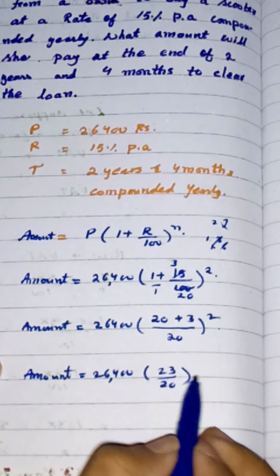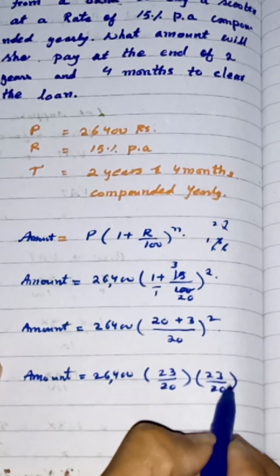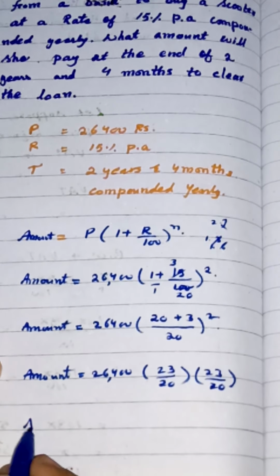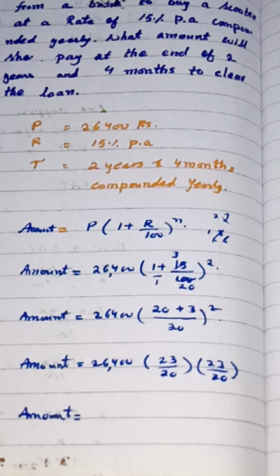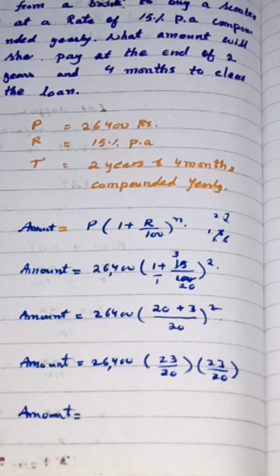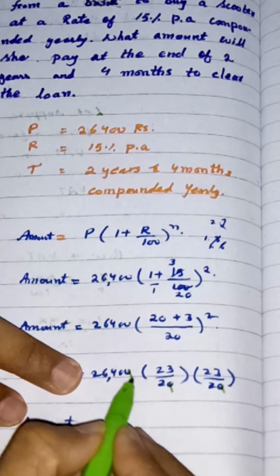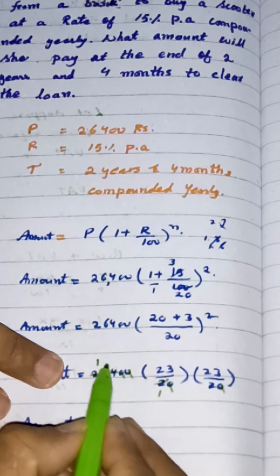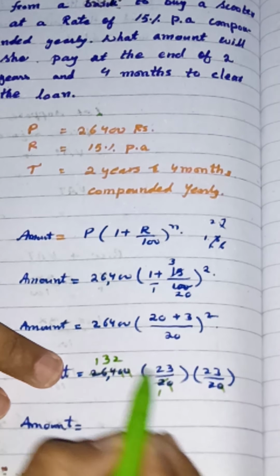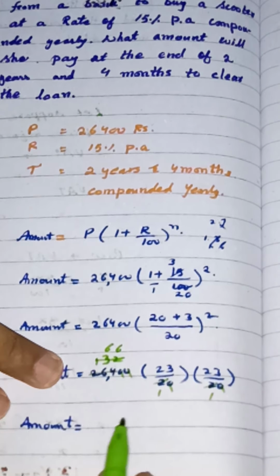And the power 2 means we write it 2 times: 23 upon 20, written 2 times. Zeros cancel. 2 ones are 2, 2 threes are 6, 2 twos are 4, 2 sixes are 12.